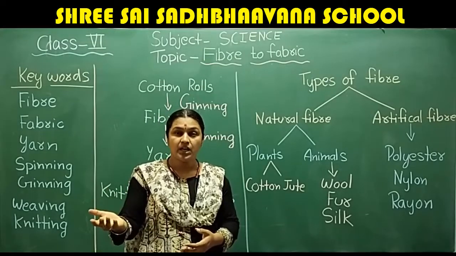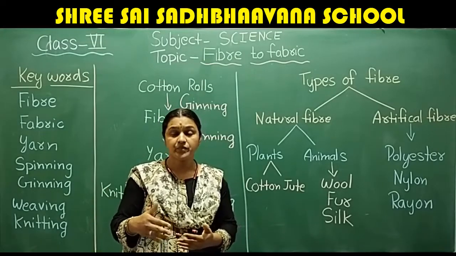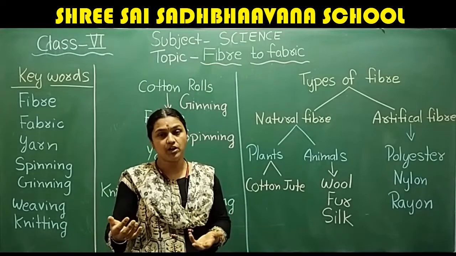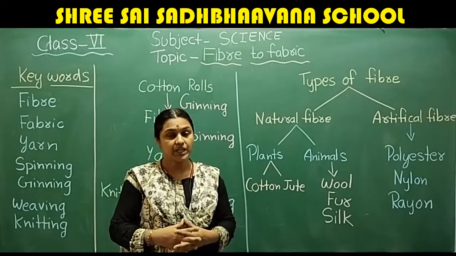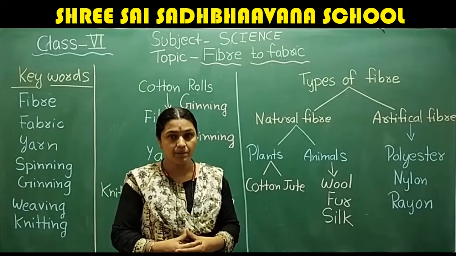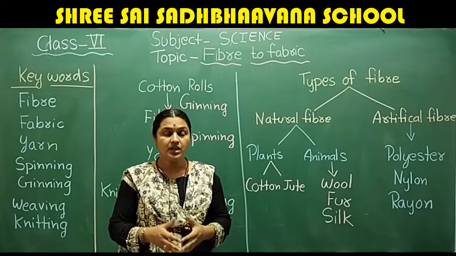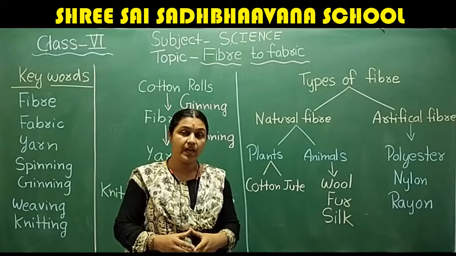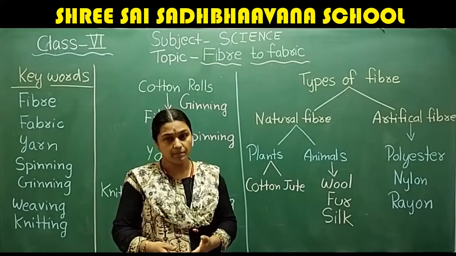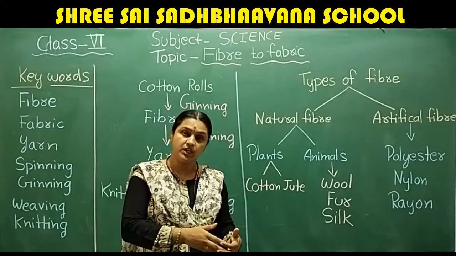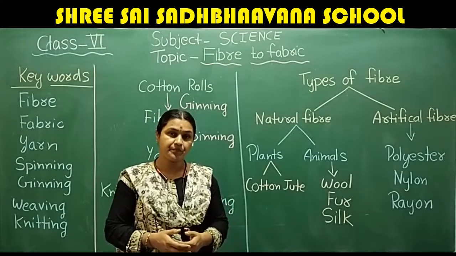If you look at a plant, it has certain steps it needs to undergo to become a plant. Likewise, to make a fabric, to make a cloth, there are certain procedures. In this lesson, we will be learning how clothes are made with the use of different materials.